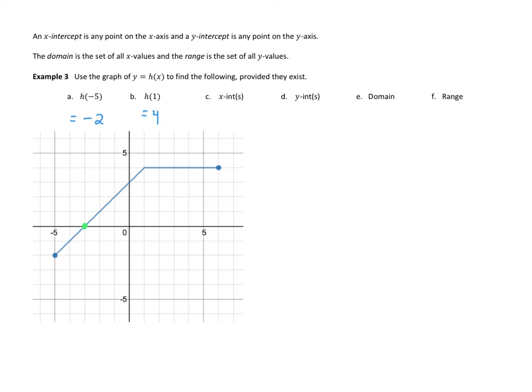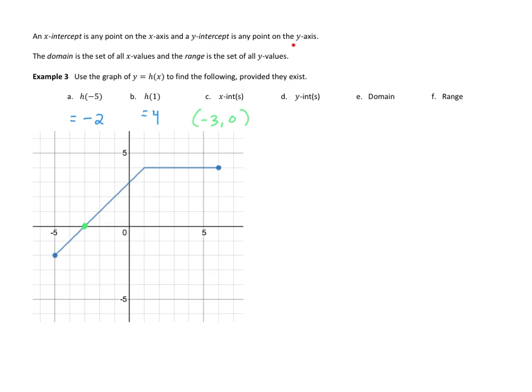So what are the coordinates of this point? It looks like the coordinates are -3 for x and 0 for y. And if I look to the left and to the right, I don't see any other time that the graph crosses over the x-axis, so this is the only one. So there's just one x-intercept.